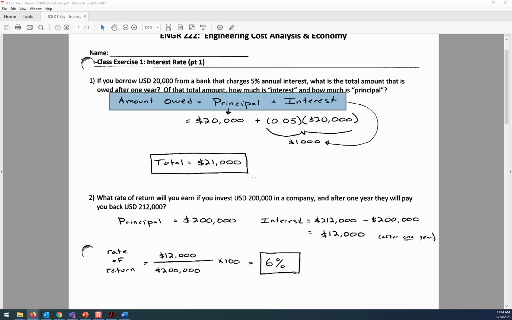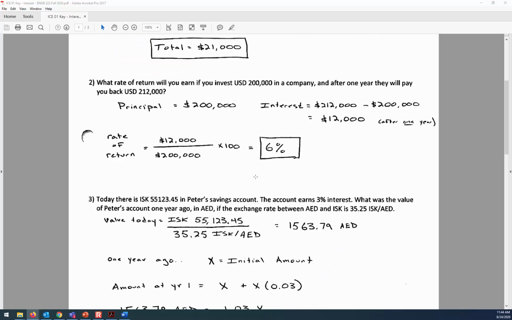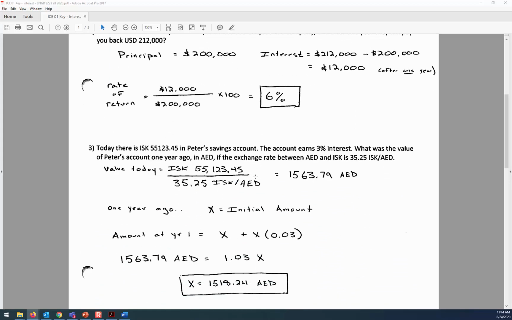All right. Now, I mentioned that the third one's kind of tricky, and let me show you what I mean by that. We'll go through this one together. Today there is 55,123.45 Icelandic krona in Peter's savings account. ISK is the abbreviation for the currency that they have in Iceland.